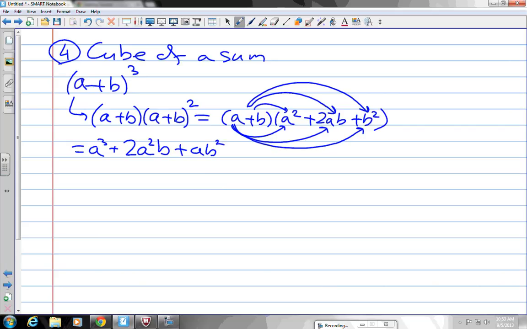Nothing fancy happens there, right? And then when I do the other half, b times a squared, I'm going to write it as a squared b plus b times 2ab is 2ab squared. And b times b squared is b cubed.